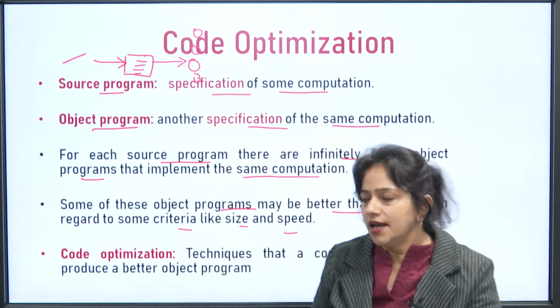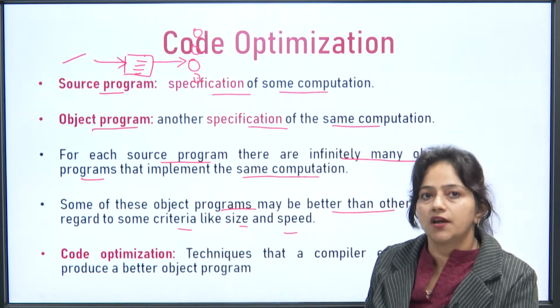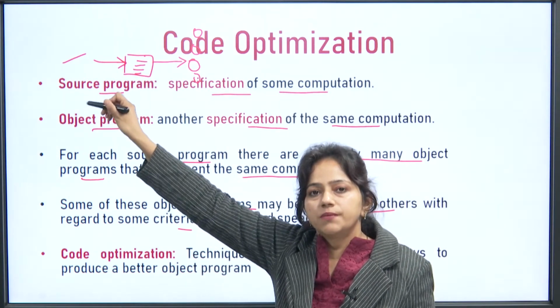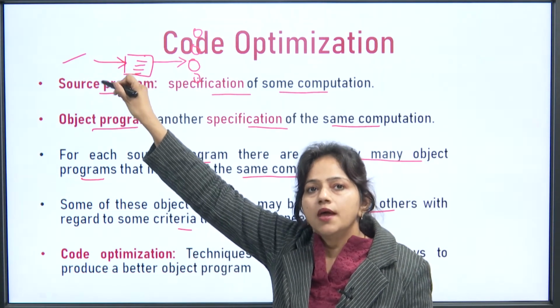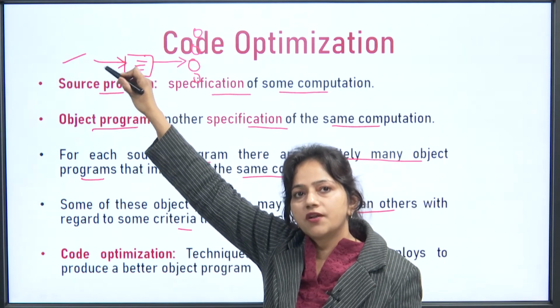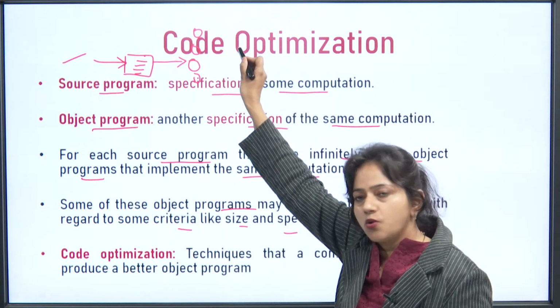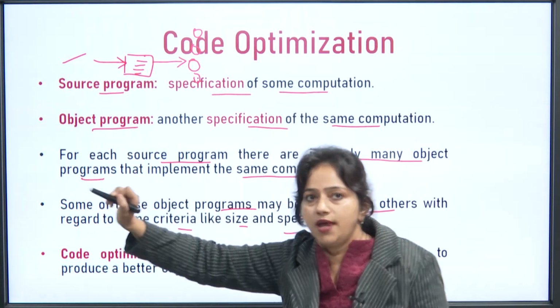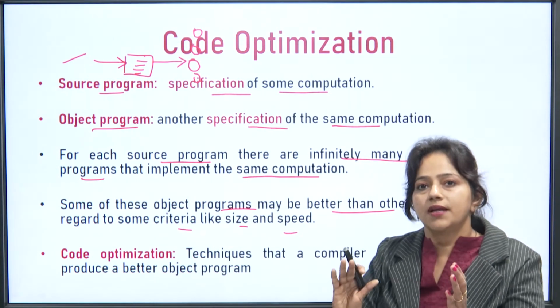Theoretically, it is impossible to generate the best object code for every source program, as the user may write any source program. So, our objective is to get a better code.